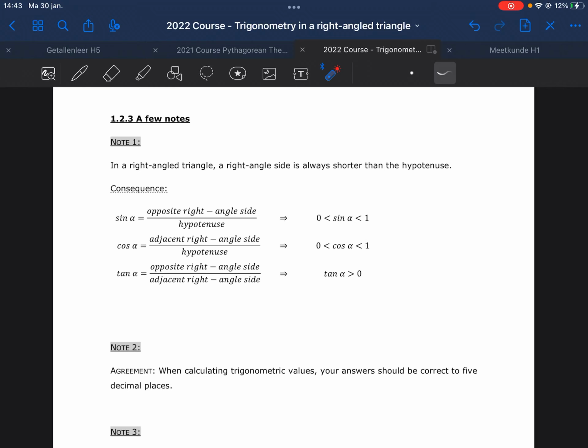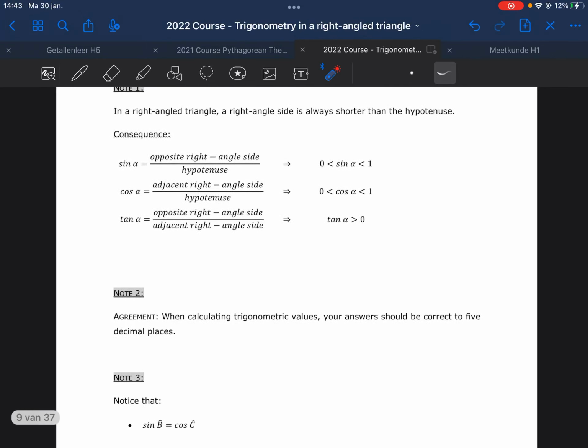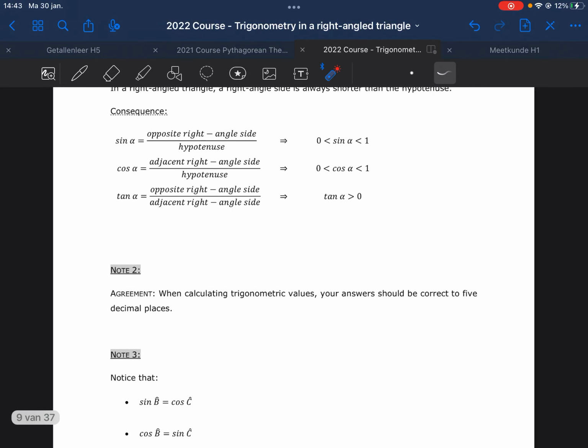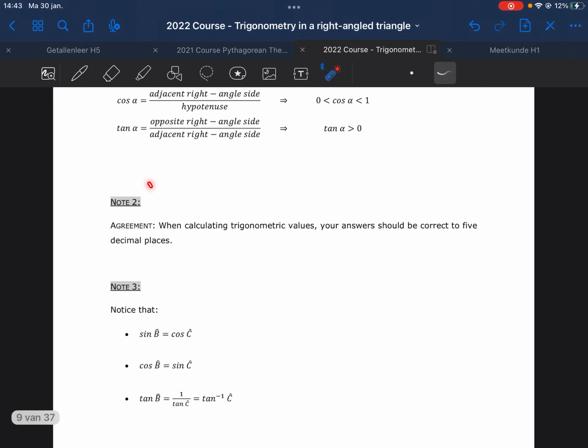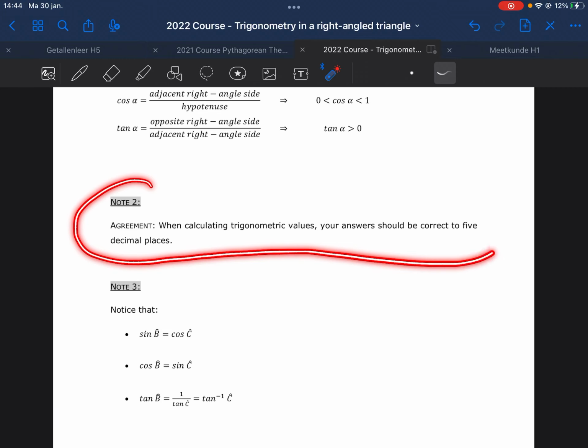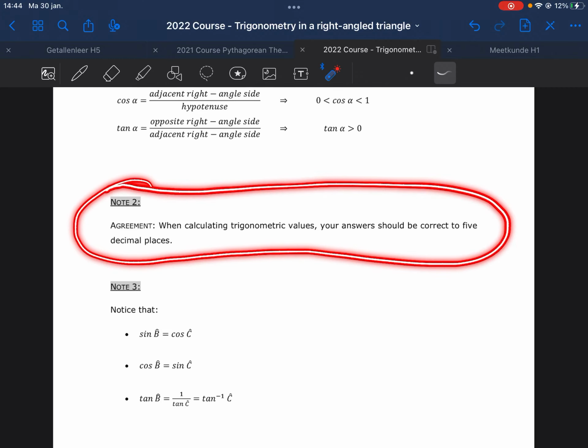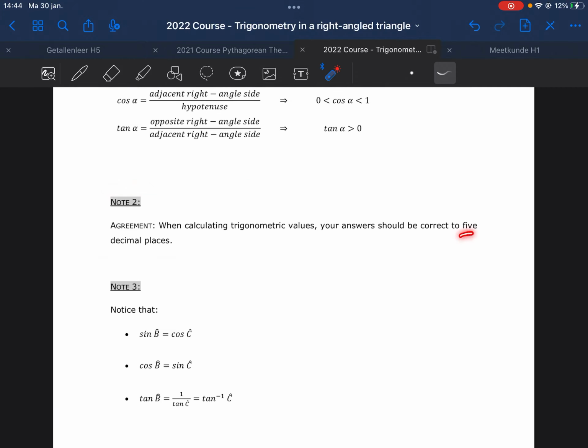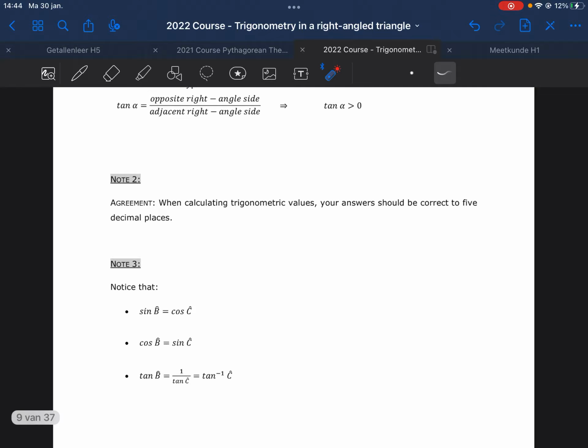The tangent of an angle is usually going to be greater than 0, though you'll find out later that this is not always true. Okay, so we're making an agreement right here that when we're calculating trigonometric values, your answer should always be correct to 5 decimal places. So please do note that you have to round these off correctly.